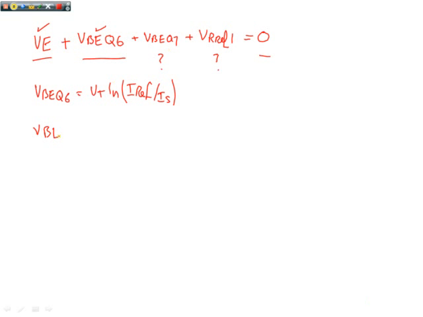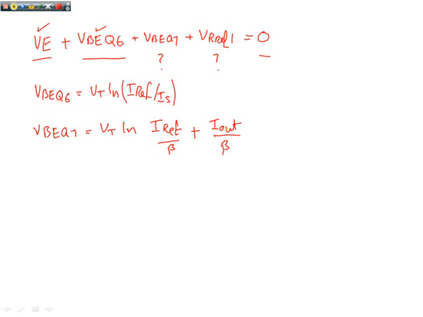VBE Q7, this is a little bit more complicated. VBE Q7 is equal to VT natural log. Now I ref is the reference current divided by beta. So that's the base current that's supplied from that. Then we add in the output current.